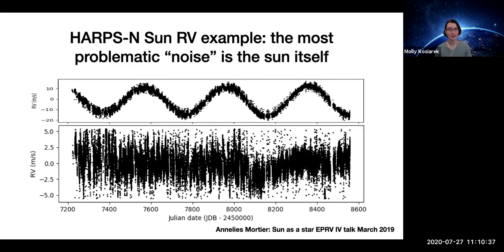As a comparison, the Earth causes a 10 centimeter per second radial velocity signal, shown as that little purple line. So if we're trying to detect Earths around other solar type stars, we must first characterize and really understand the stellar activity.